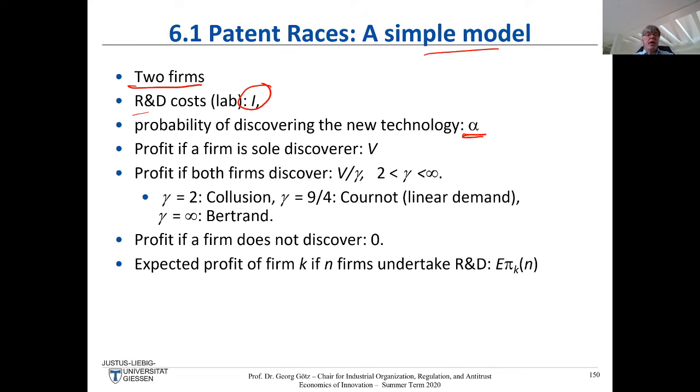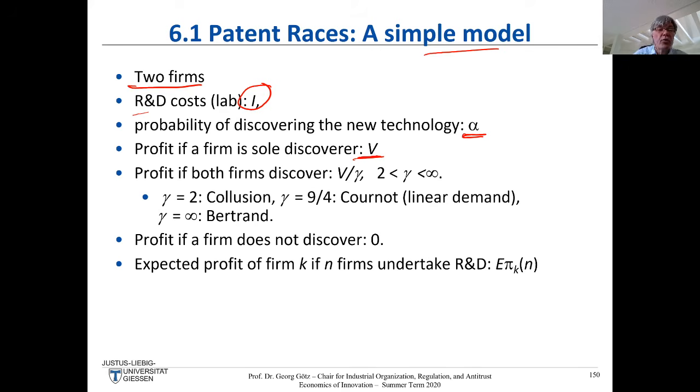Here we have three potential outcomes. If there are two firms investing and only one is successful, it gets this value V. This is the value of the patent.